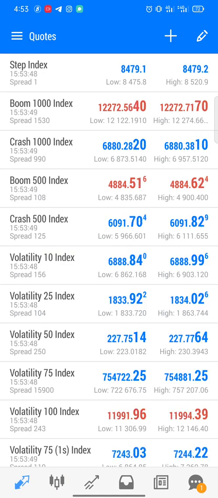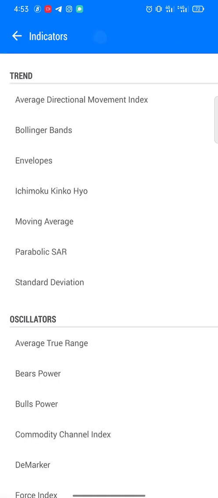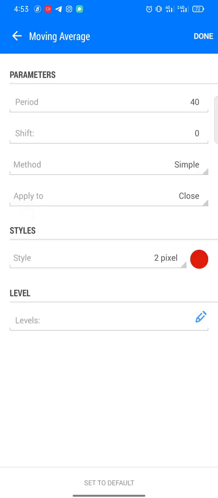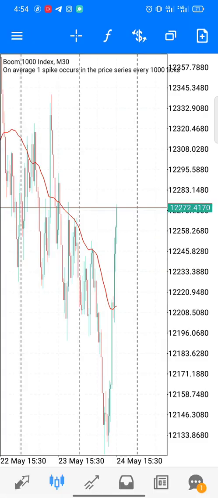Before then, guys, let's introduce our strategy and the indicators we'll be using, though we're going to top it up with some price action. First, the moving average: period 40, shift 0, method simple, apply to close. For the style, make it 2 pixels, color red, and click done. So we have a moving average right here.